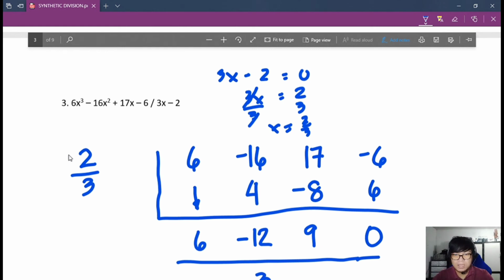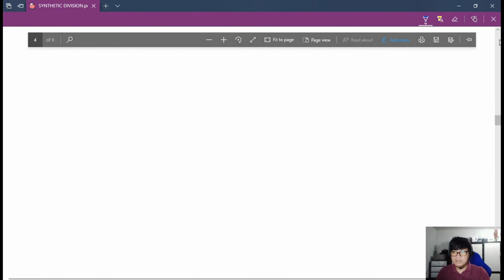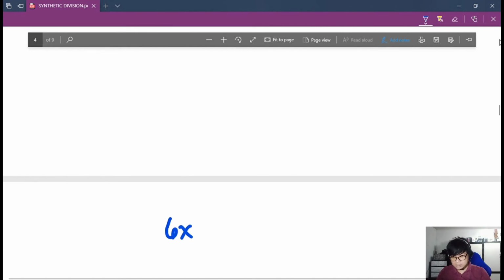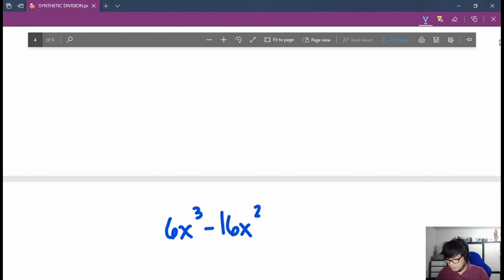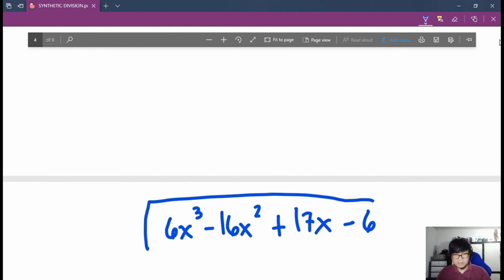Picturean muna natin para maalala natin yung given. Sige, sulat natin yung given here. So the given is this one. So 6x cubed minus 16x squared plus 17x minus 6 divided by 3x minus 2.